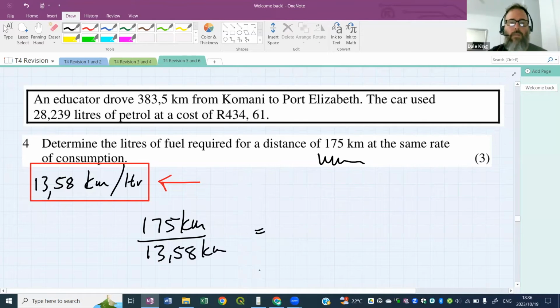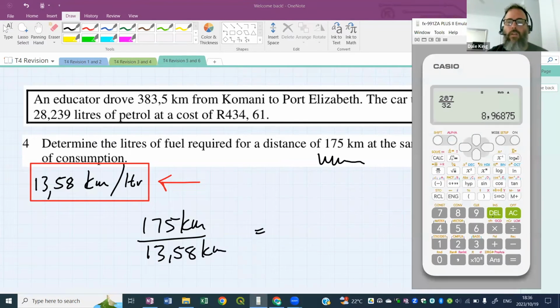So how many times can we cut up the 175 into 13.58? 175 divided by 13.58 gives me 12.88659.